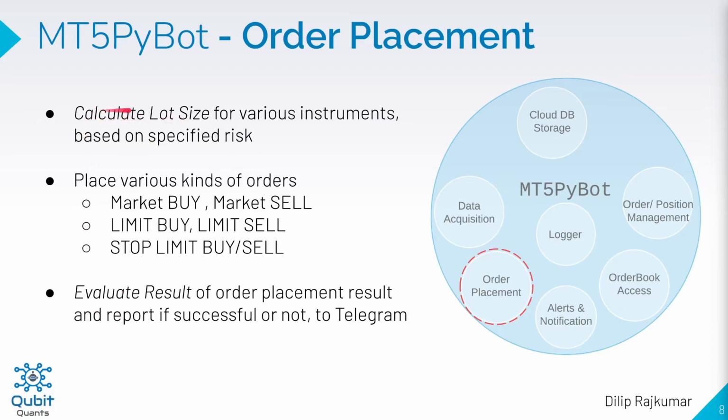So we have this calculate lot size helper function. Thereafter, the order send functions will send the order request to the market or the exchange server at the given entry price, stop loss, and take profit, etc. And if the order was successfully sent, this evaluate result function will report the result to Telegram and also store it in the logger.